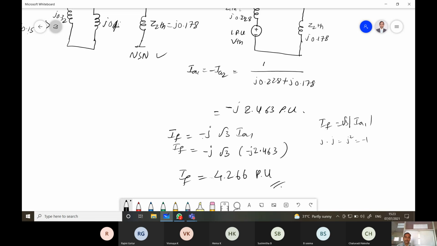If you do it directly, IF is equal to root 3 times of IA1, taking only the magnitude. What do you get? Same, sir. Same, right?